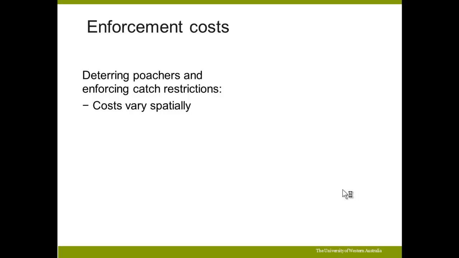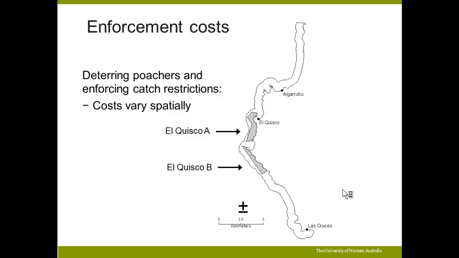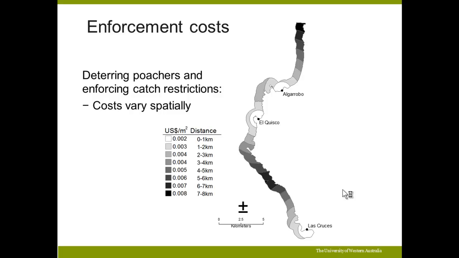These are necessary to deter poachers and enforce catch restrictions, and in Chile, especially in this area, we know that they vary spatially. So we took data on these enforcement costs from 2 existing turfs. These are territorial user rights for fisheries turf areas that belong to the El Quisco fishing group. They've got 2, so we took data on what they're spending on enforcing these 2 areas, and we came up with a distribution of enforcement costs based on this data.